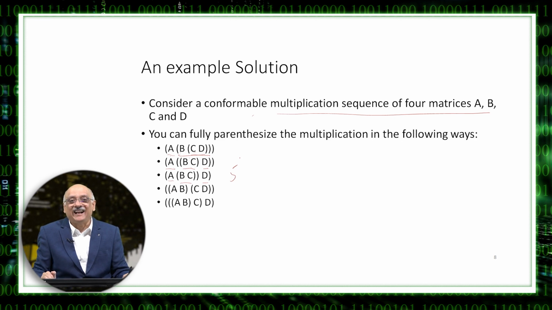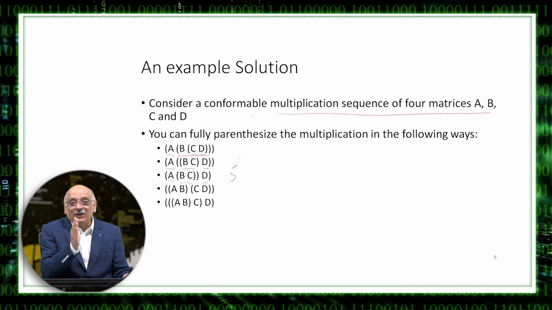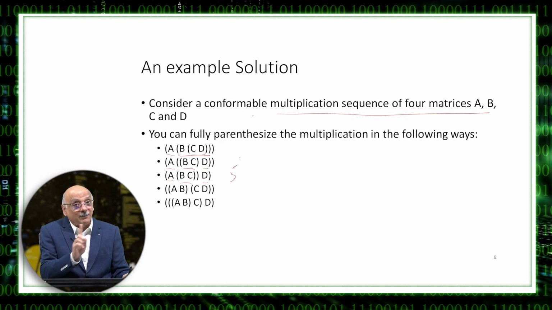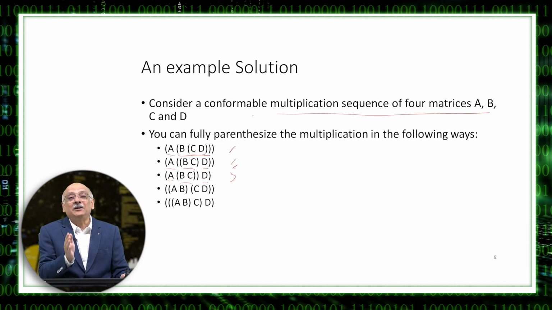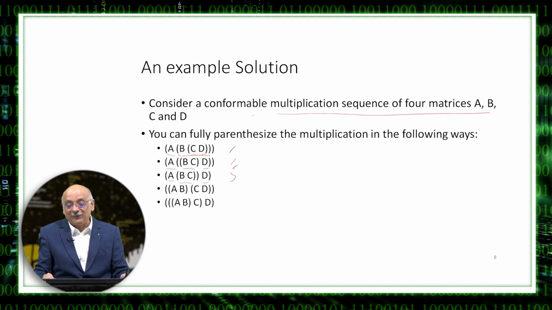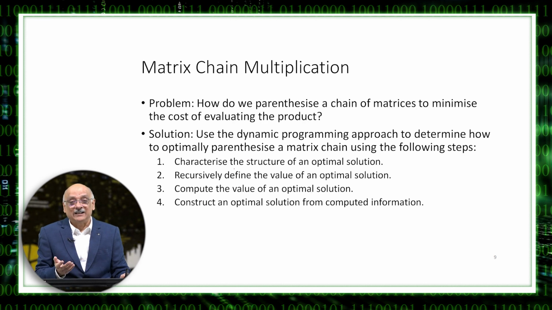So how to decide which of these multiplications is going to be minimal? We are not multiplying the matrices. We are just deciding this parenthesization, that is, how the multiplication is to be performed. And that is the problem of matrix chain multiplication.